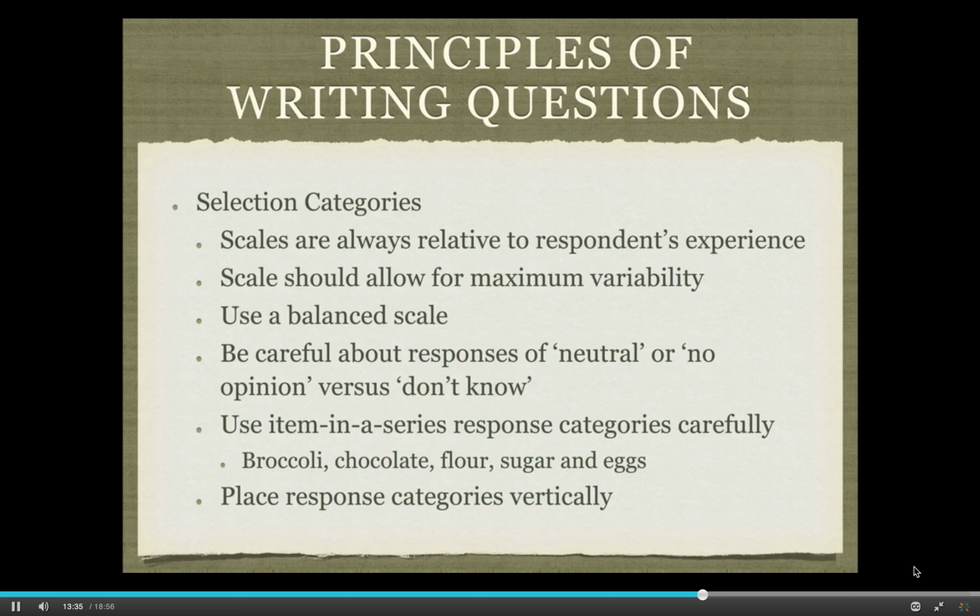Because we might put things at the top which suggests that they're more important, which kind of leads the individual to think that this is the right option that they should choose. And so you want to ensure that they're either randomly placed or they're placed in a specific order to guide the question that you're trying to ask. You want to place response categories vertically because people tend to read vertically as opposed to horizontally.